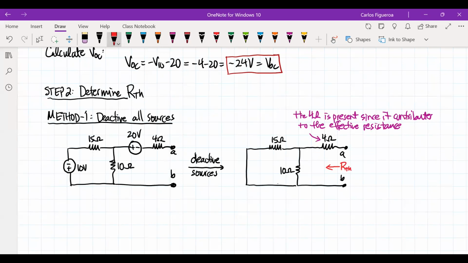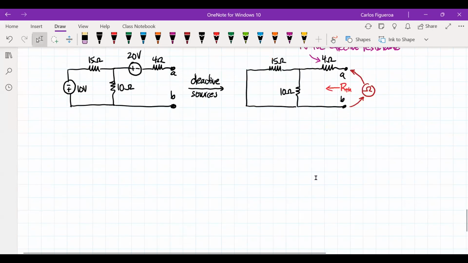Now, the way we want to look at this thing is that I would look at it in this way here. So I imagine that I put an ohm meter right here, and then I'm going to let the current come in here, and it's going to come back out like that.